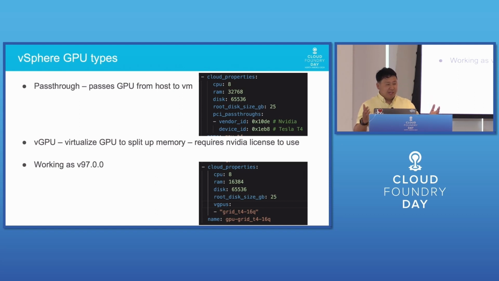GPUs, especially the higher-end ones, have a lot of memory, and you might not want to use all the memory for a certain VM. It's called vGPU, and it allows you to split up the memory of a GPU. It requires an NVIDIA license to use, and this is how you define it here. This is all working as of V97. It took a lot of work and a lot of messing around with the code base to understand how to pass a GPU to the vSphere CPI.